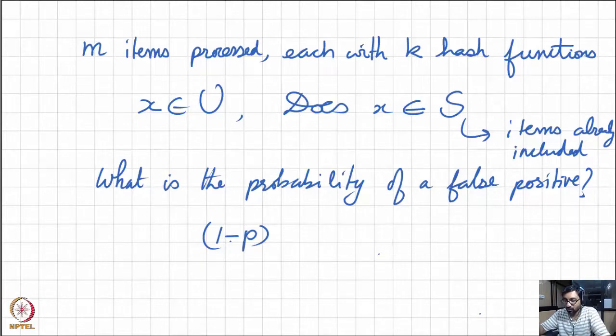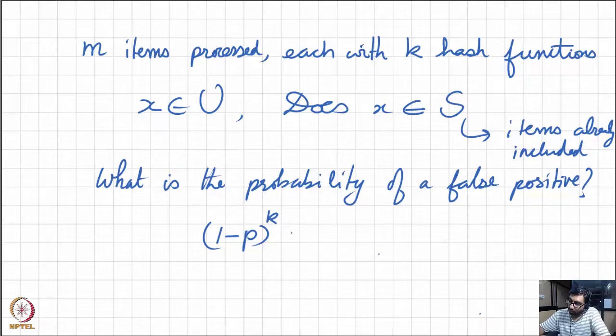Okay, but that's with one hash value. To get a full false positive, all k hashed values should land in cells that are already set to a 1. So that event is going to happen with probability 1 minus p raised to the power k.